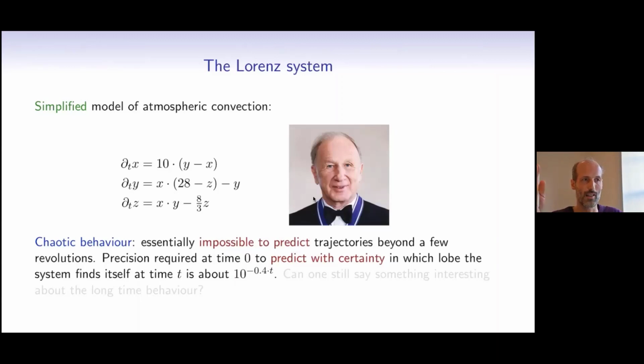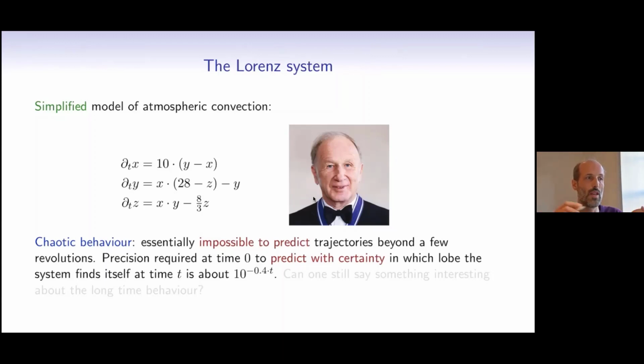So even if that picture that I showed you was the size of the whole universe, then in order to figure out on which side you are after time 100, well, at time 0, you need to have a precision which is better than the size of an atom. Right?